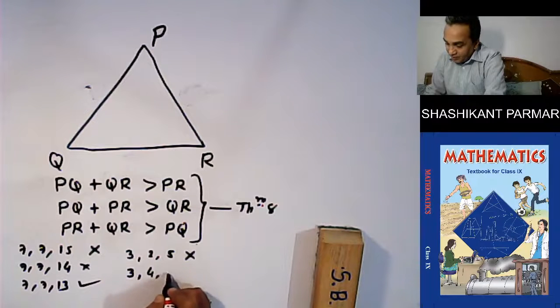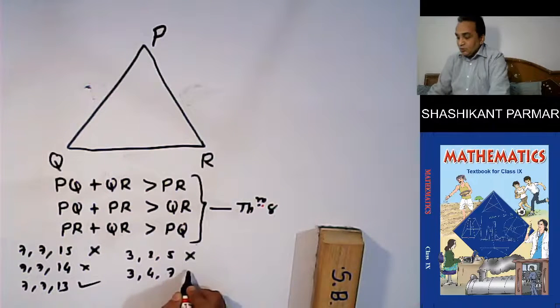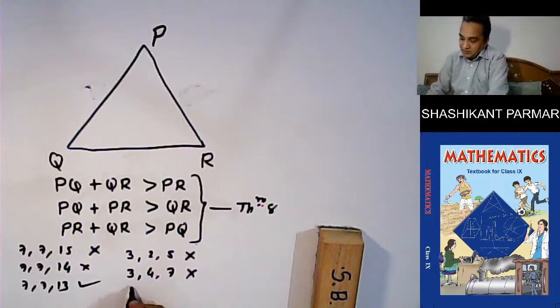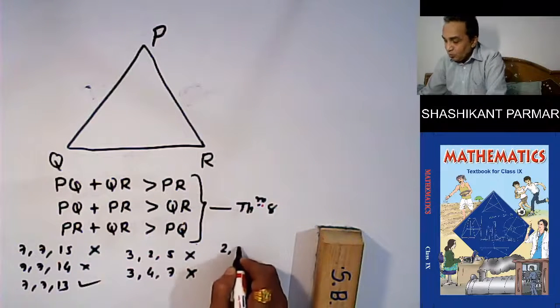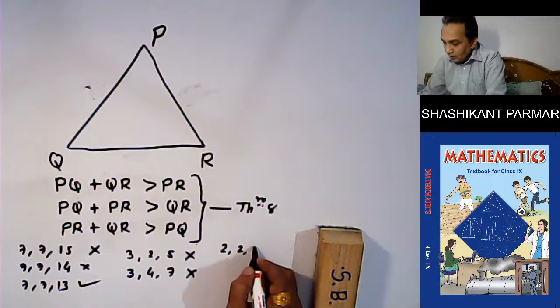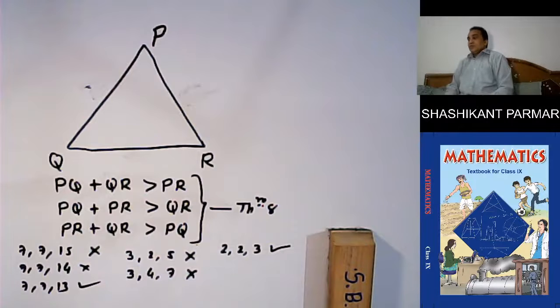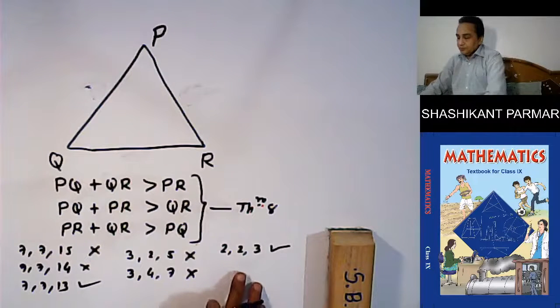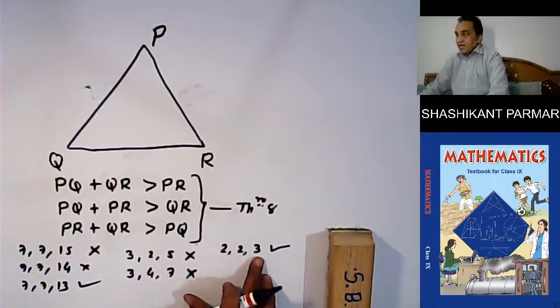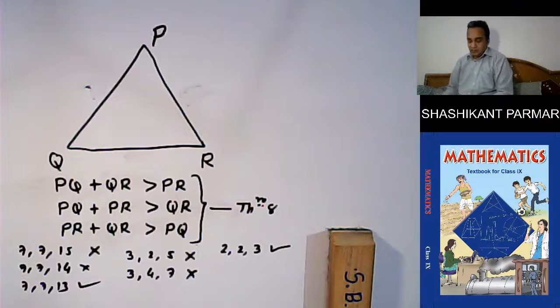Similarly 3, 4 and 7 is not. I think you understand. And similarly 2, 2 and 3 are okay, they are sides of a triangle.